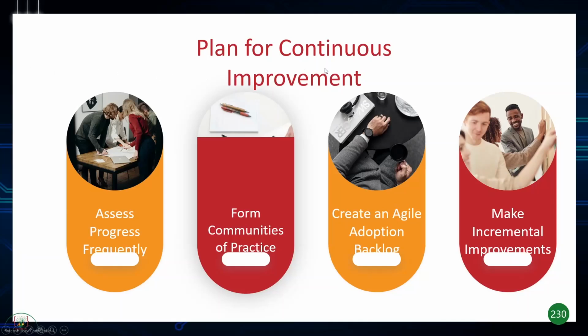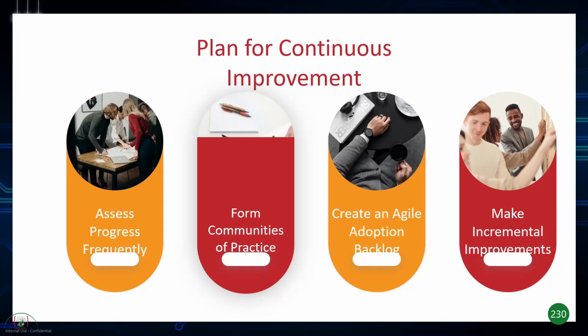A couple of thoughts that I will leave with you at the end: plan for continuous improvement, assess your progress frequently, form communities of practice. You should have these agile boards, Scrum boards, where you discuss what different teams are doing. It can be an intranet channel within your company where different teams, different departments are meeting together.